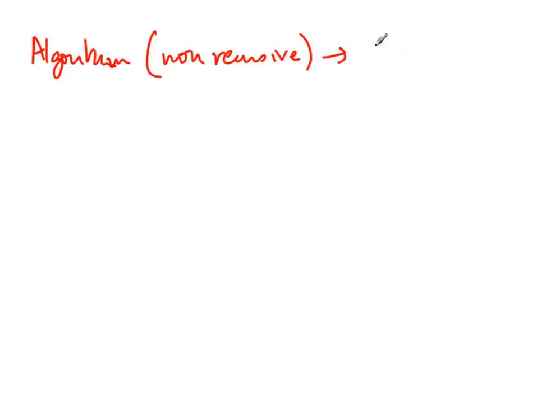So with these 4 examples, we have seen how we can start with an algorithm, which in these simple examples was non-recursive, and come up with some measure of its asymptotic complexity.